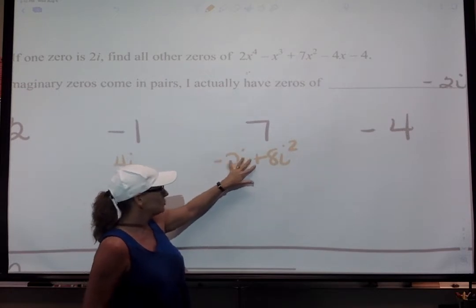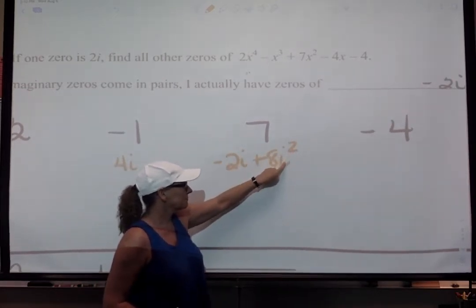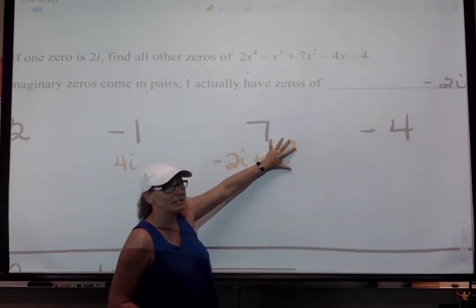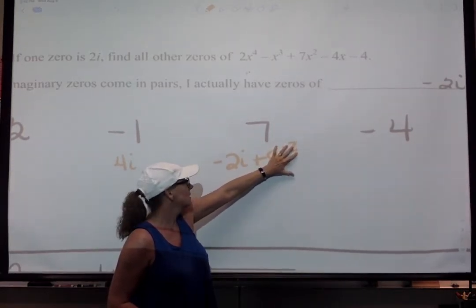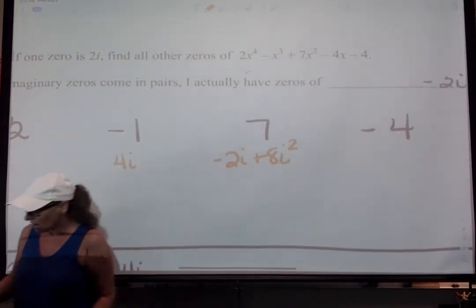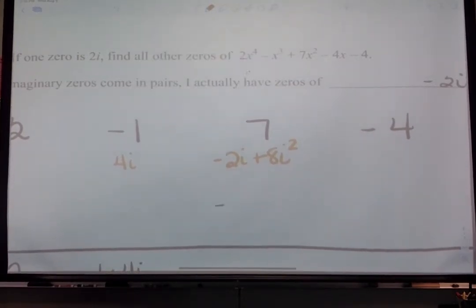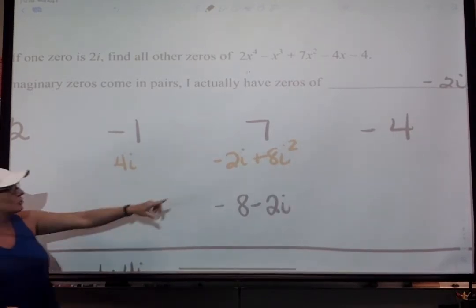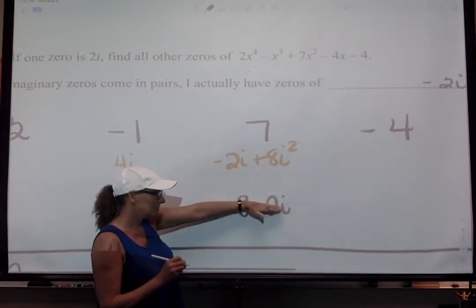I multiplied and I distributed, but this is negative 1. This term right here is really negative 8. So I really have a negative 8 and a minus 2i. Negative 8 minus 2i. So yes, I multiplied, but I multiplied and simplified.